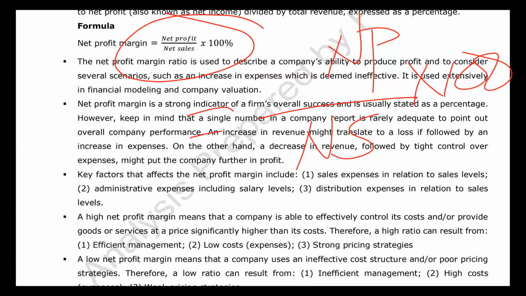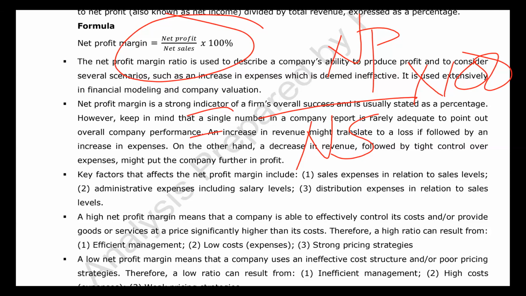But in net profit, we also consider the impact of expenses. So when we have removed the expenses, whatever has remained is the net profit, okay? We need the net profit, which is one of the most important profits that we need, the net profit over the net sales, multiplied by 100, then you will have the net profit margin.